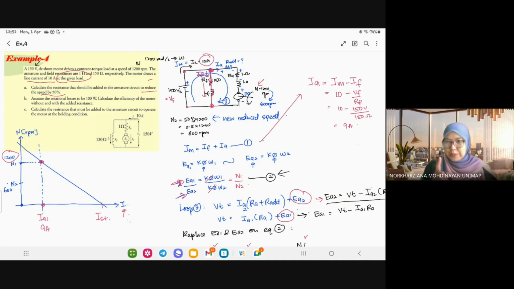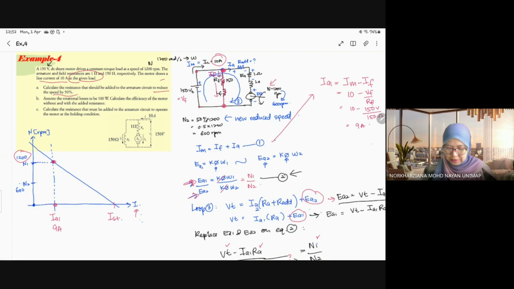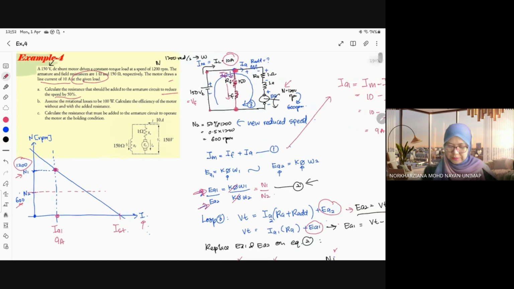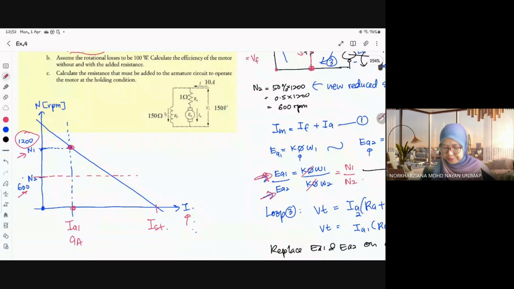Since we already know where is the speed. Tadi speed 1 kat sini, speed 2 kat sini. Okay. And we know that this is the no load speed. Okay. Boleh agak tak kat mana point dia? Here. It will share the same armature current.